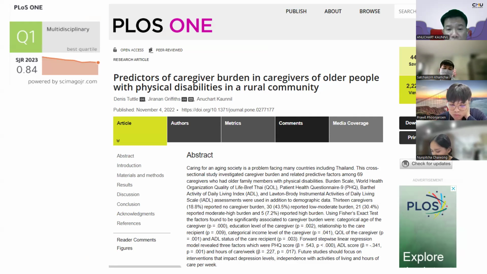We used the brief Thai quality of life measure, and we used the PSQ and Barthel Index. We measured IADL with the Lawton scale, and we summarized how to predict whether caregivers have burden in caring for relatives with physical dysfunction in rural areas. And we have the information in terms of quantitative, numerical data.